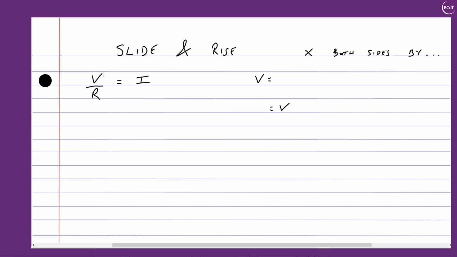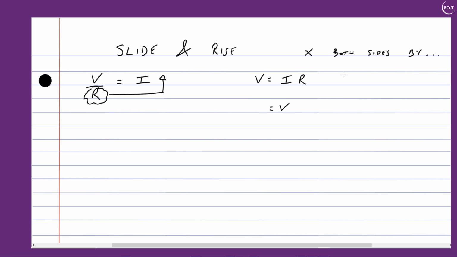So in order to get V on its own, on the left hand side, say, we take R and we slide and we rise. So R at the moment is on the left and on the denominator, so we slide it to the right and rise it up as a numerator on the normal line next to the I. So this formula, when we rearrange it, becomes V equals I. The I stays put, but now it's got an R next to it.